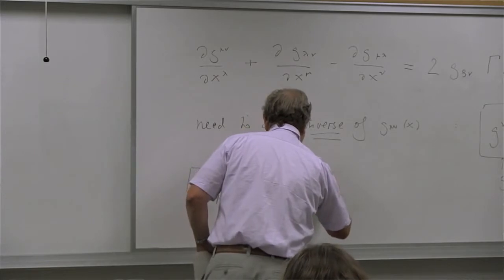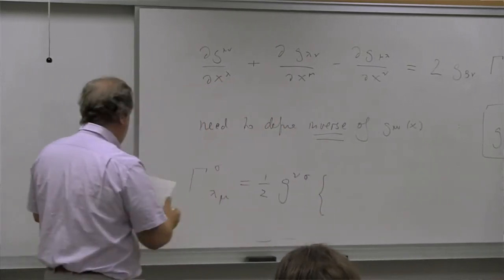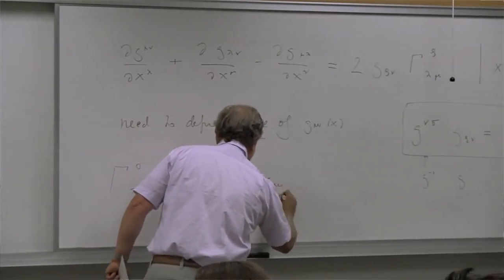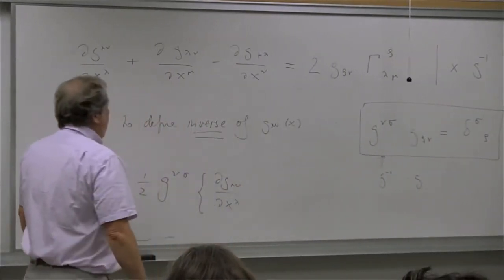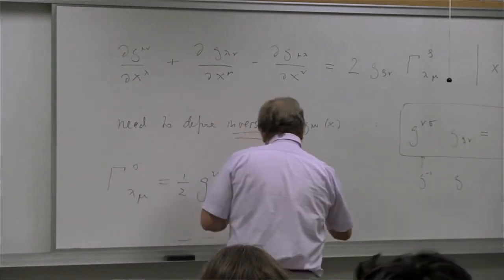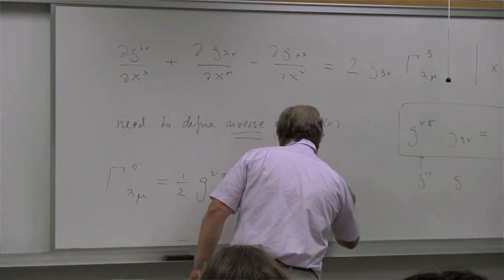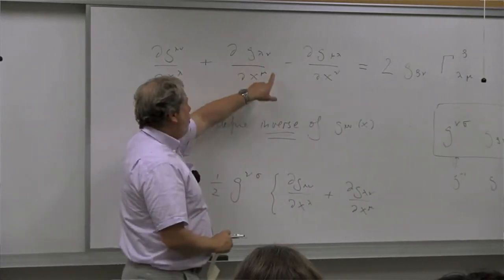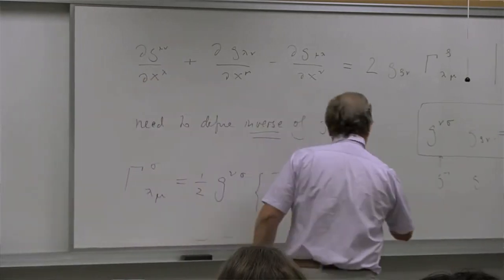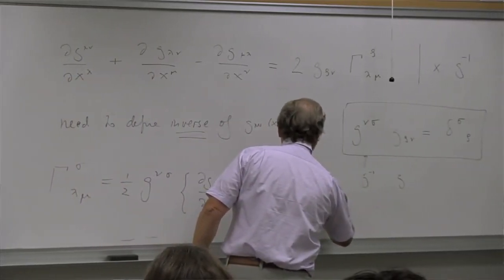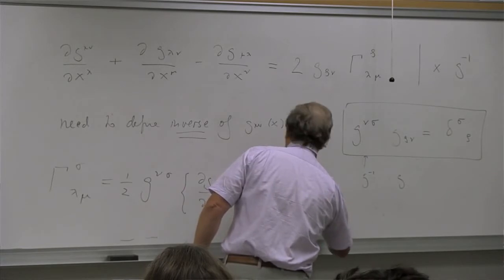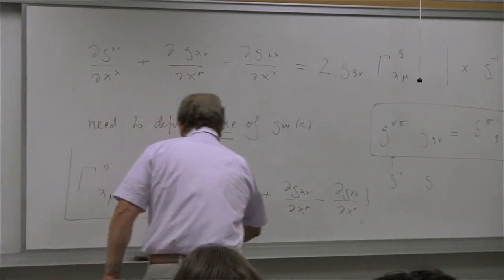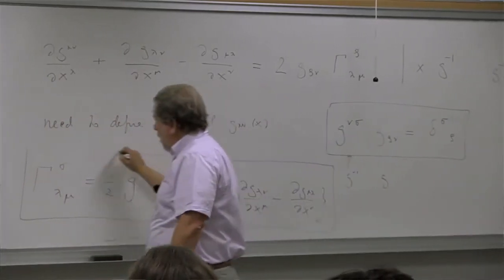And then it will have three terms, which you can just copy from up there: the derivative of g mu nu with respect to x lambda, plus the derivative of g lambda nu with respect to x mu, and then the third term is minus the derivative of g mu lambda with respect to x nu, and then close parenthesis. And so now we can check whether everything works.